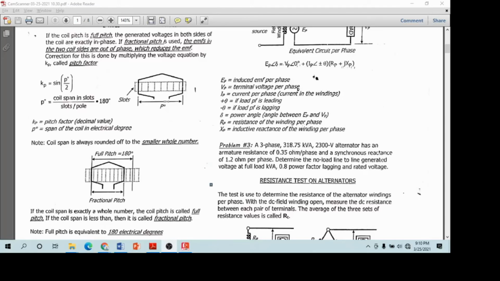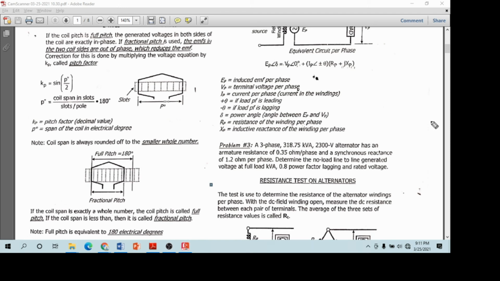Now, what the problem is asking is to determine the no load line to line generated voltage at full load kVA. So how to solve this one?